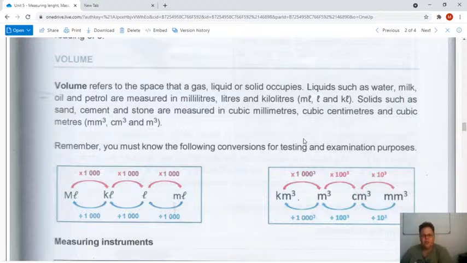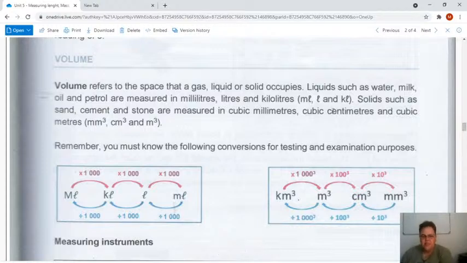Okay, so volume refers to the space that gas, liquid, or solid occupies. Liquids such as water, milk, oil, petrol are measured in milliliters, liters, and kiloliters. If you look just below, next to that, over here, the abbreviations are there.